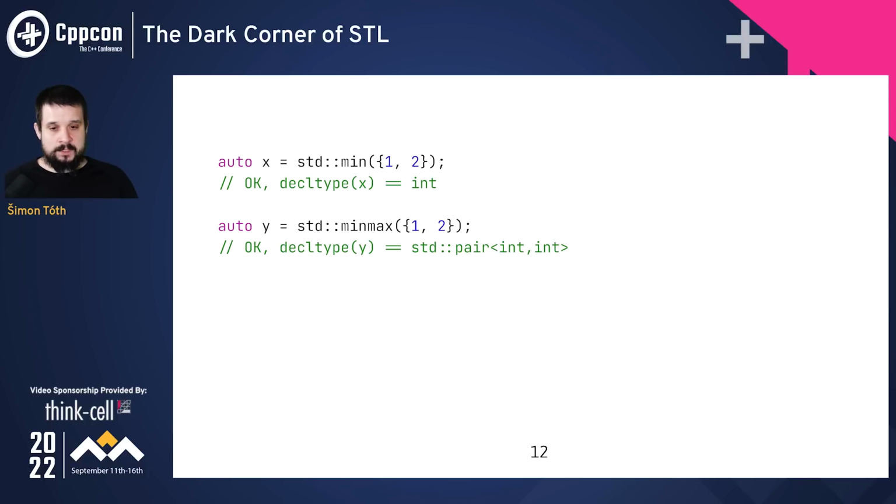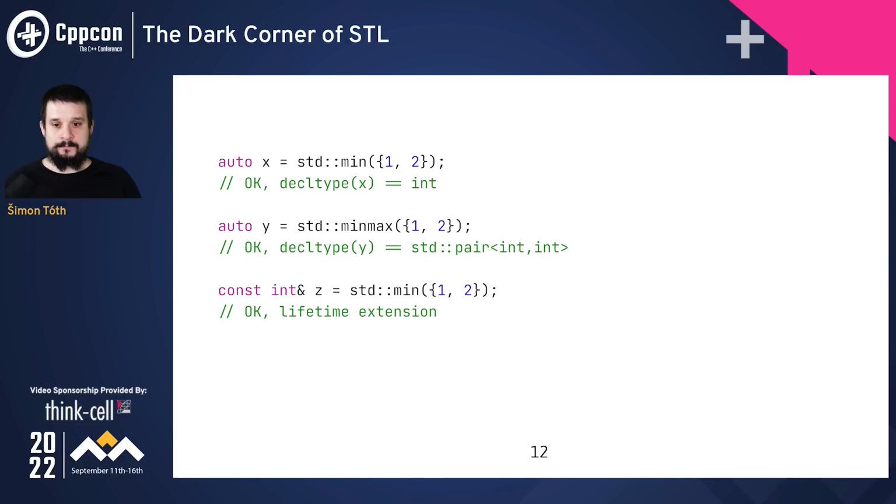And we can even go further, and if we accidentally capture by const reference, we also don't get an issue, because now we are actually hitting the lifetime extension rule. Now, this rule is simply that if you have a temporary and you bind it to a reference, well, then the lifetime of the temporary is extended to the lifetime of the variable. So here, the temporary that's being returned from standard min will be extended to the lifetime of the variable z.